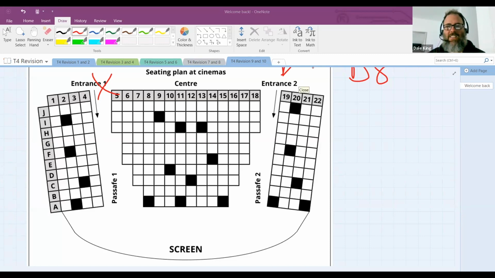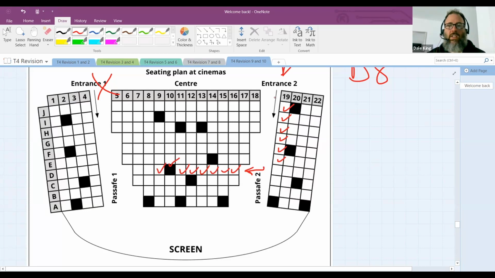Okay, so walk past 6 rows of seats, and then at the 7th, you're going to turn right. Okay, from me it's left, but for him it will be right. And then pass 8 seats, and then you'll reach your seat.